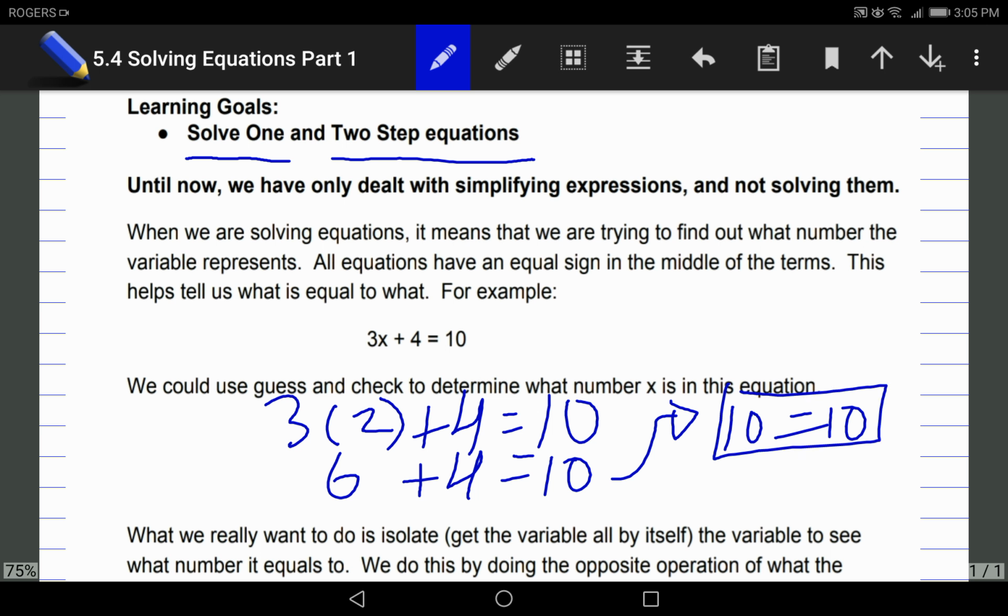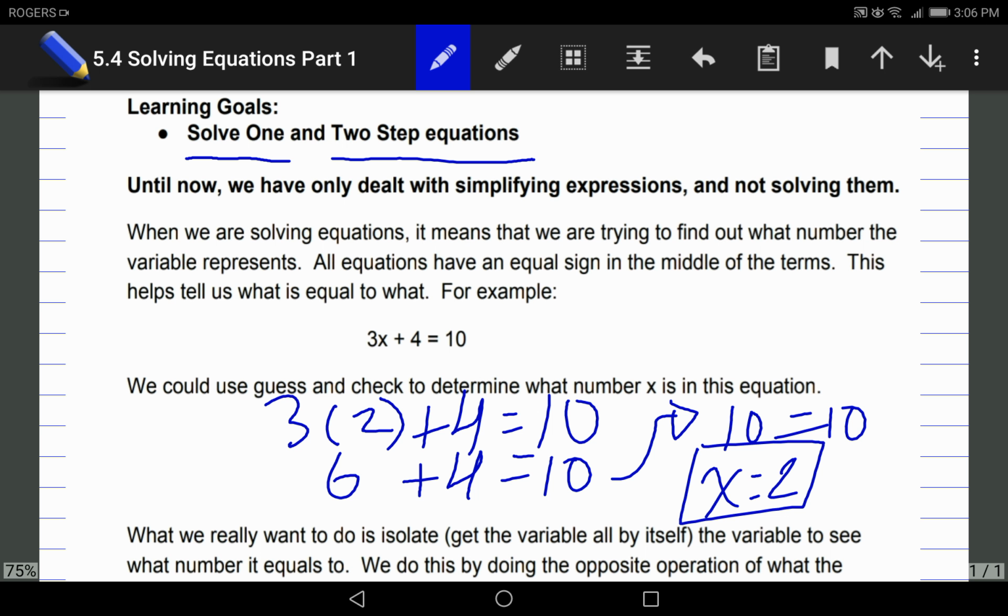Saying 10 equals 10 isn't really our final answer, so I shouldn't put a box around it. That's just our check. You know how I said guess and check? Our guess was we plugged in a 2, and our check shows that the left side equals the right side. Our final answer is x should equal 2 to make that equation true.